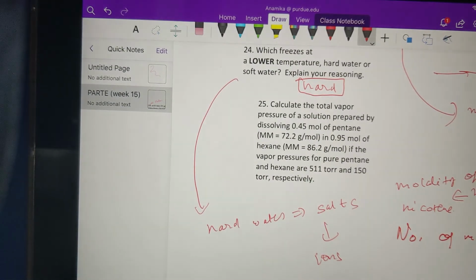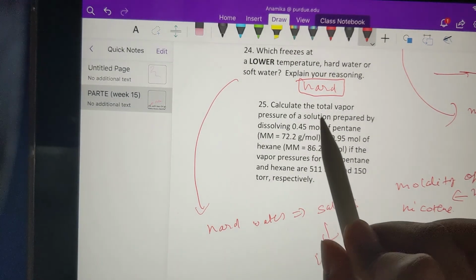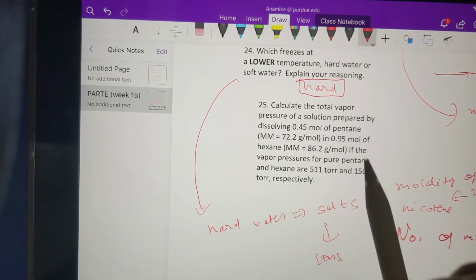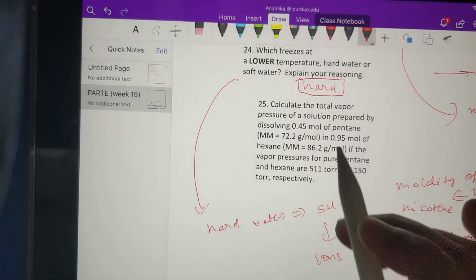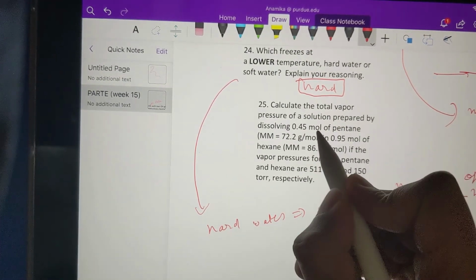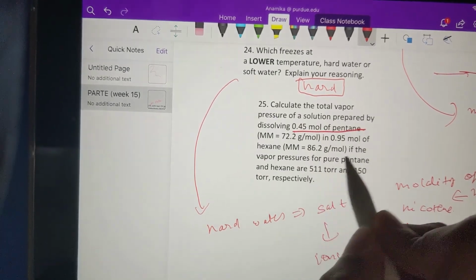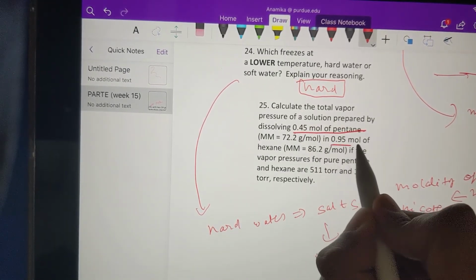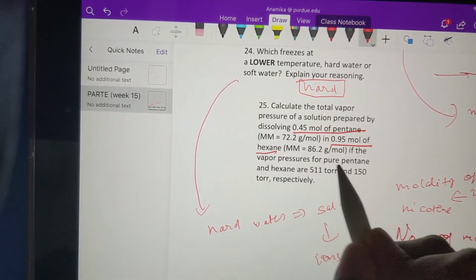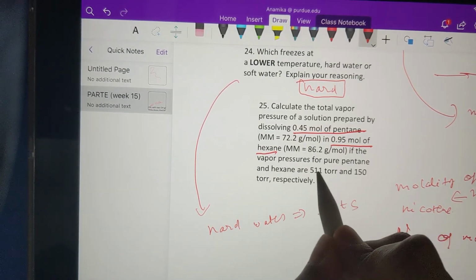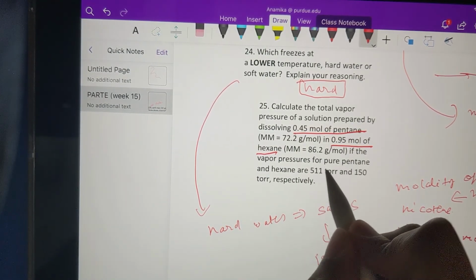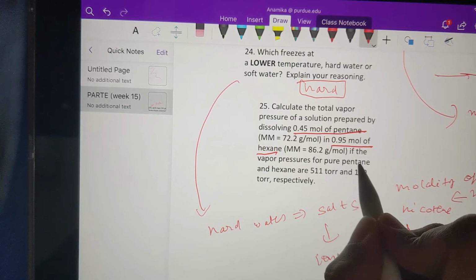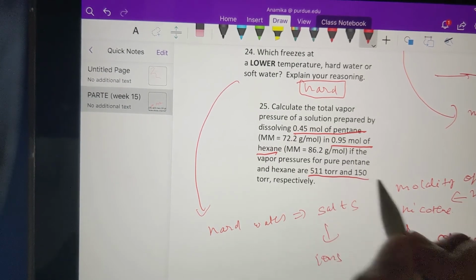Okay, next question is, calculate the total vapor pressure of a solution which is prepared by dissolving this mole of pentane into 0.95 mole of hexane. And then it's given the vapor pressure of pure pentane and hexane is this.